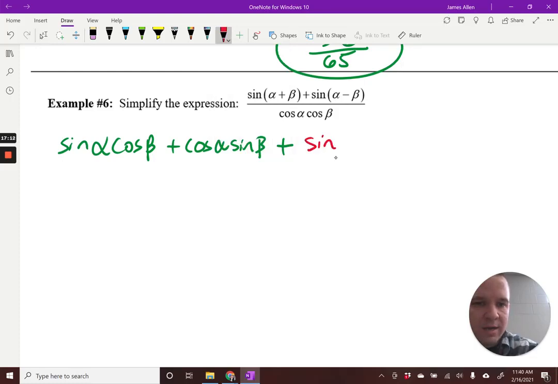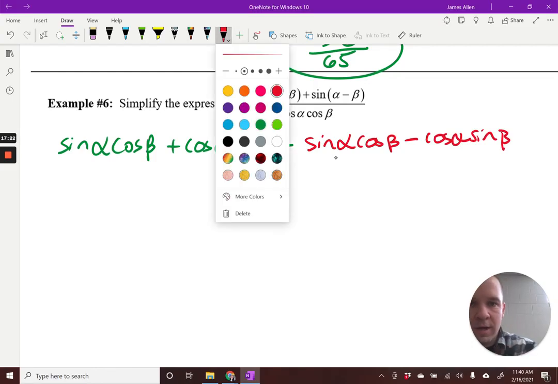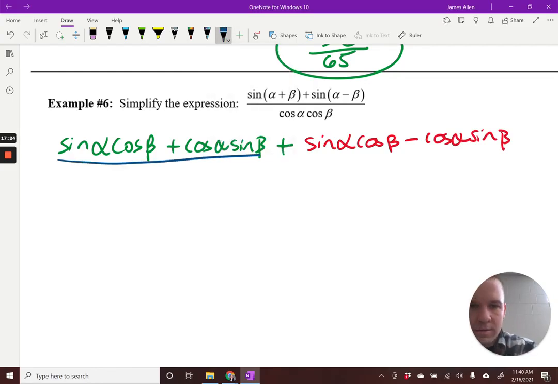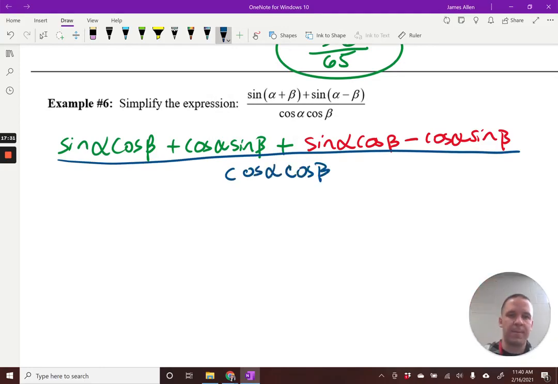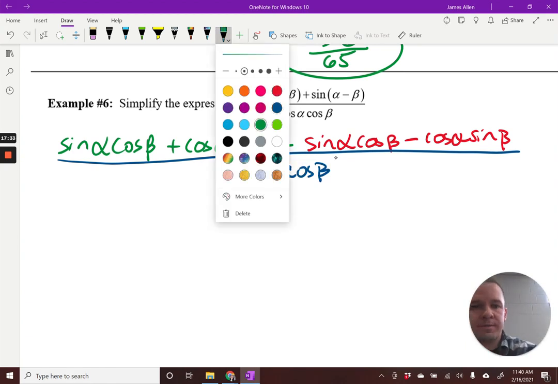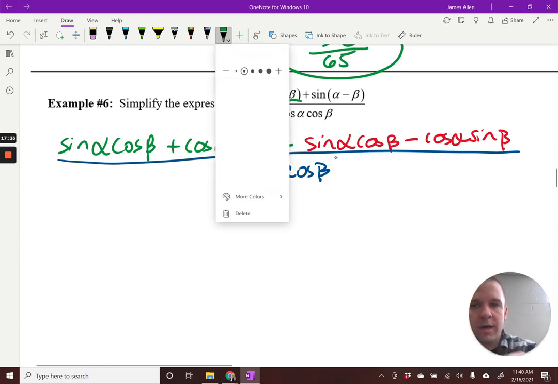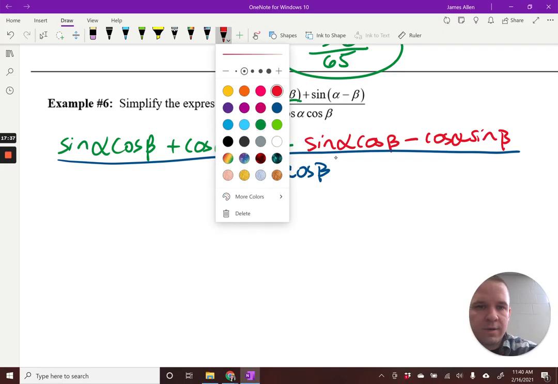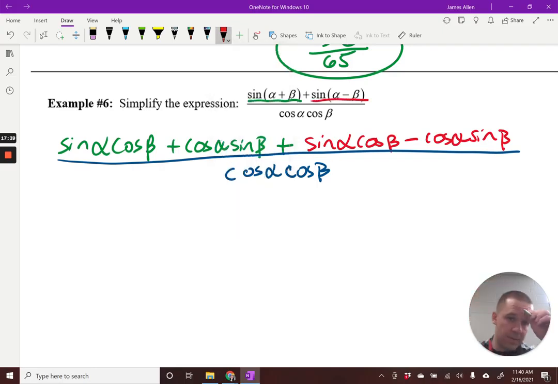We'd have sine of alpha cosine of beta minus cosine of alpha sine of beta. There we go. All over cosine of alpha cosine of beta. All right. So this is the expansion. That's the green one. And this is the red one.